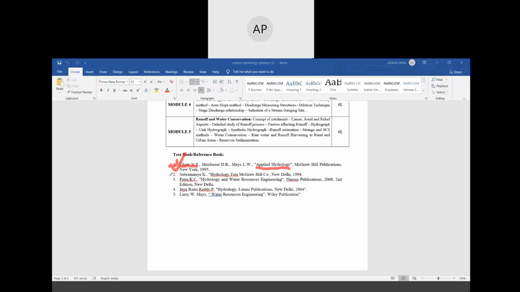Then we have Subramanya, Hydrology. Then Hydrology and Water Resource Engineering by K.C. Patra. Hydrology by Jayaram Reddy. And Water Resource Engineering by Larry W. Mays, which is a Wiley publication. So these are the books you can follow for hydrology.